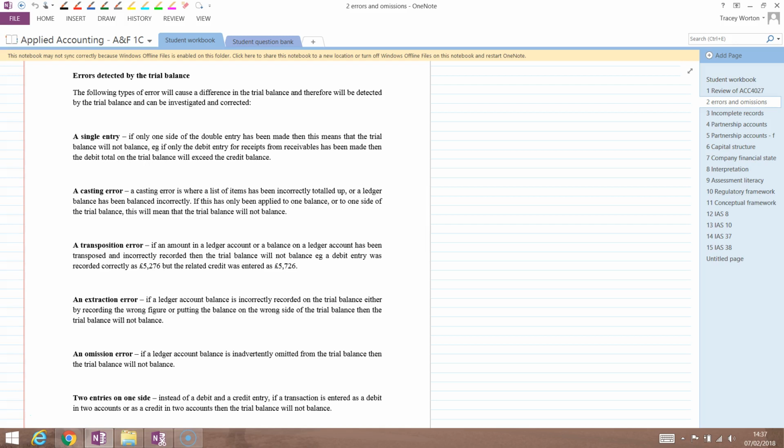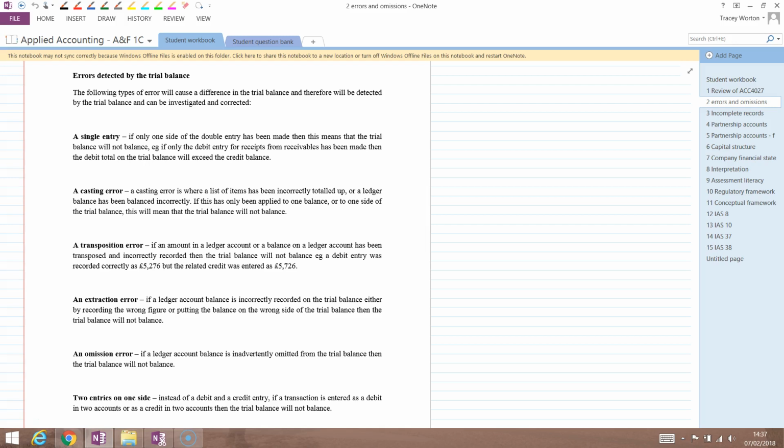You could have a casting error. So you've incorrectly totaled up a list of balances, or you've incorrectly totaled up a ledger account or a T account. You might have a transposition error, so you've actually managed to switch the amount around when you've entered it into the accounts or into the trial balance.